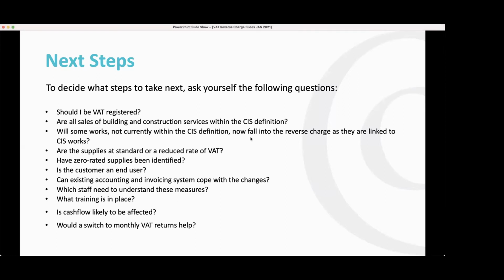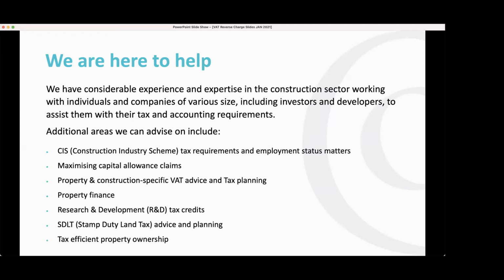Remember, you are not alone. We have considerable experience and expertise in the construction sector working with individuals and companies of various sizes, including investors and developers, to assist them with their tax and accounting requirements.